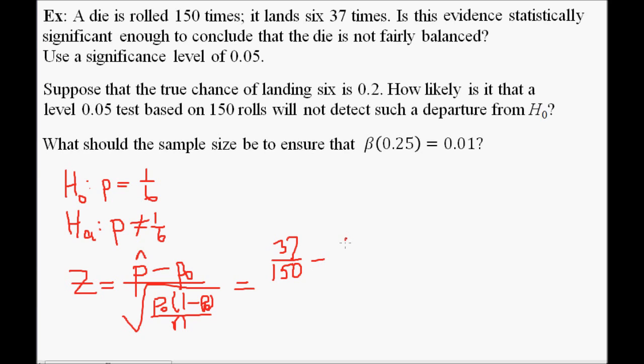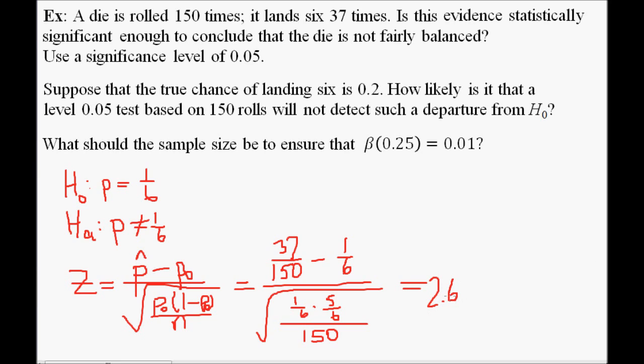The expected proportion will be 1/6, and then I divide by the standard error, which will be the square root of 1/6 times 5/6, divided by the number of trials, which is 150. Okay, so we do the arithmetic, giving us a z statistic of 2.62907.